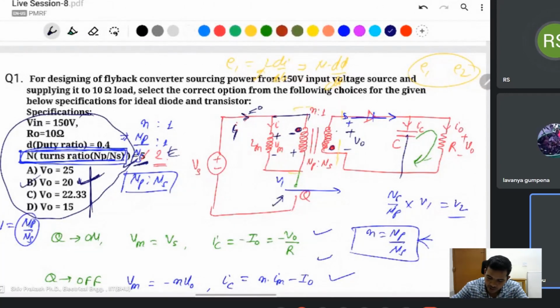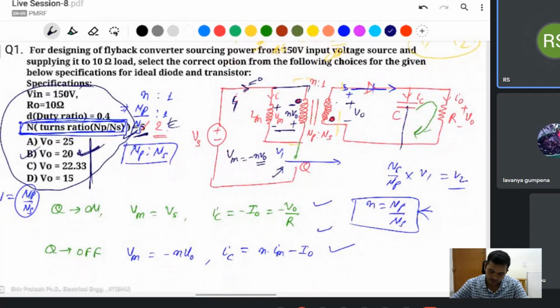Yes, sir. The negative of this one transfers from secondary to primary, this one n V naught. It is stepping up. That's why I take VM equal to minus of n V naught. Okay, sir. Slope is minus of V naught divided by L. Understood, sir. Thank you.